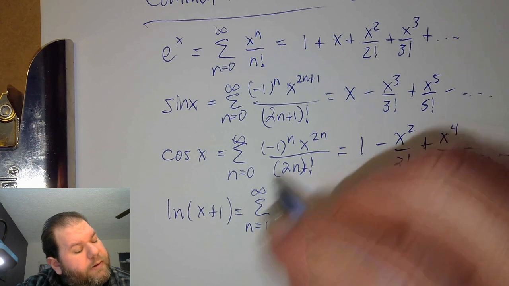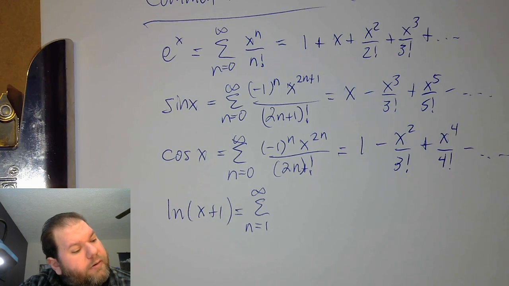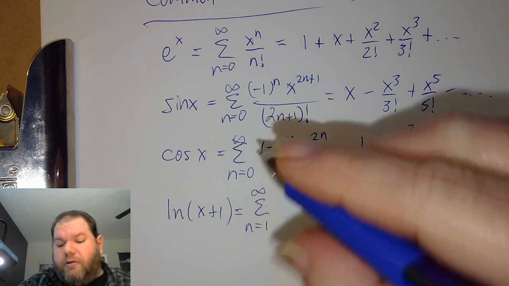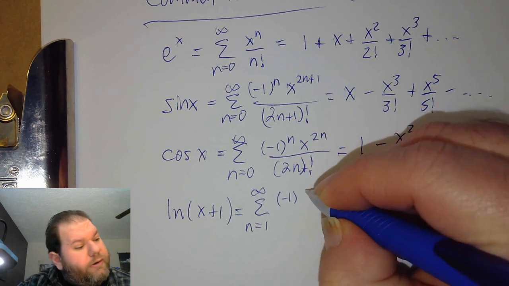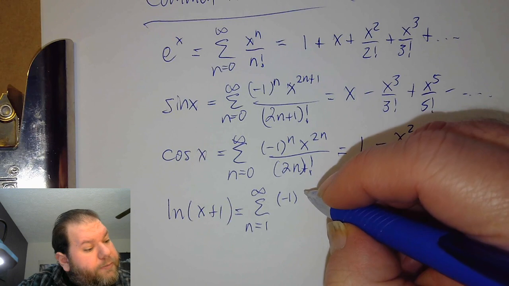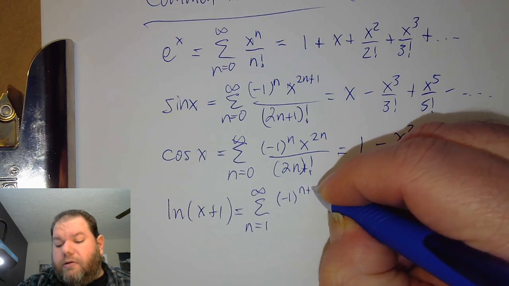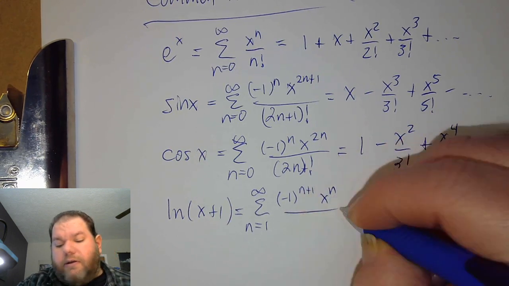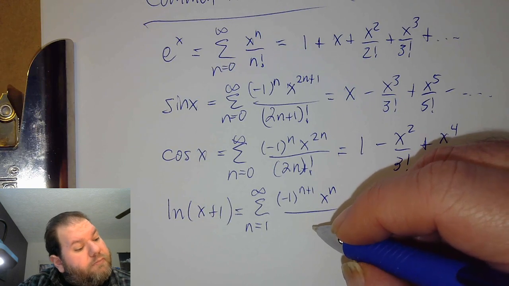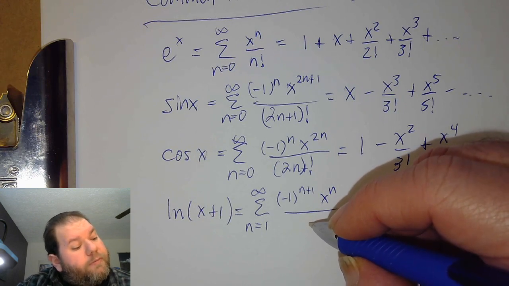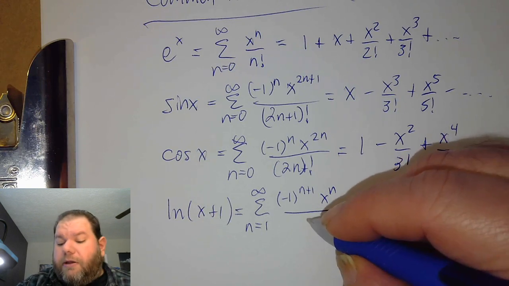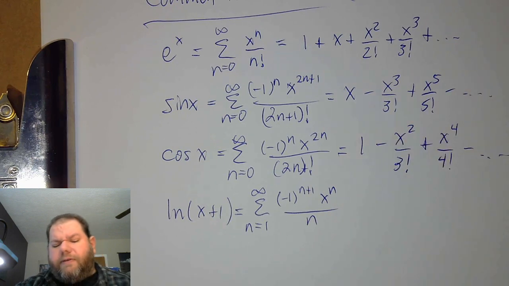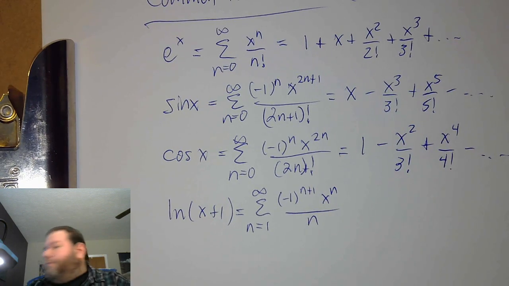Negative 1 to the n plus 1, x to the n over, oh, this will be n, no, it'll just be n, yeah. I think that's right. Anyway.